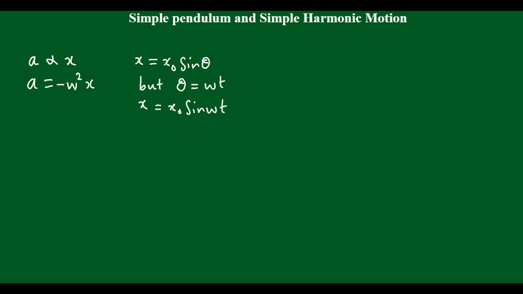We can draw that graph to clearly visualize what we are talking about. So we have something like this, where we have the time and we have the displacement, and this is the maximum amplitude that we are talking about, which is the maximum displacement from the equilibrium position.